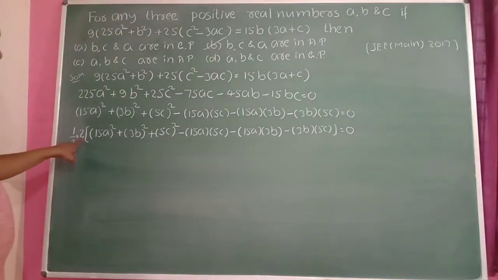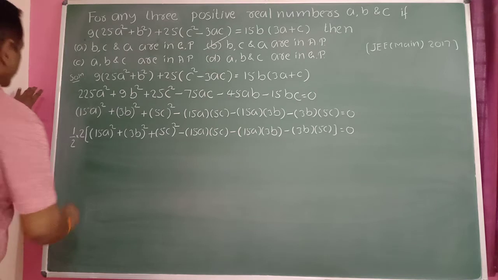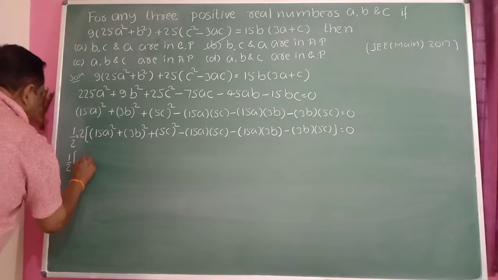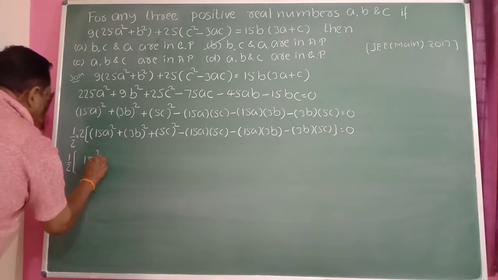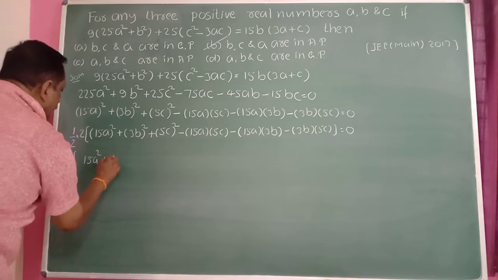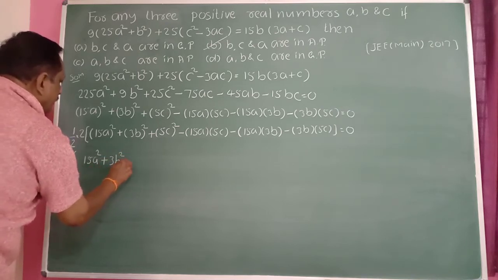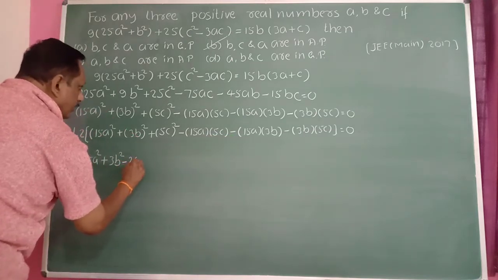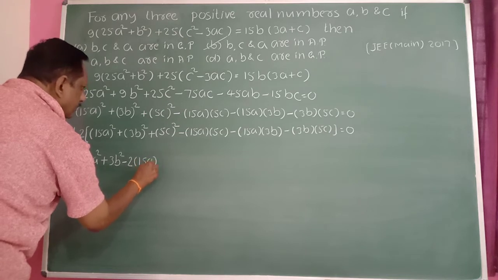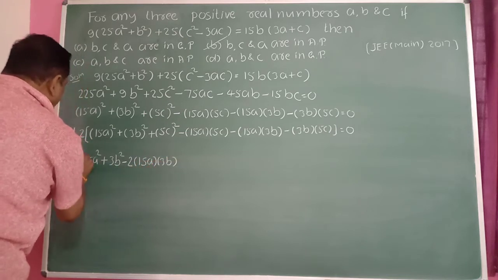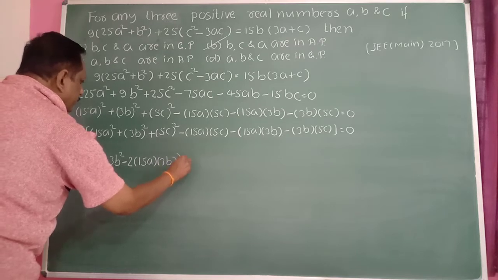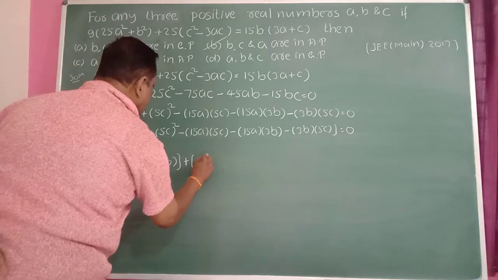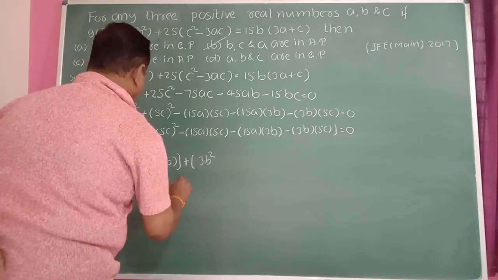Now take this 2 inside the bracket. So you can write this as 1 upon 2 into bracket: (15a)² + (3b)² minus 2 into 15a into 3b, then plus (3b)².